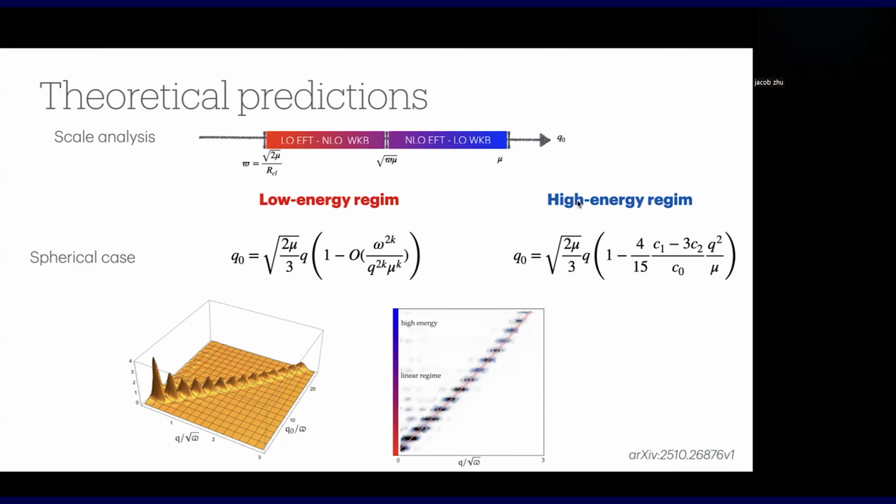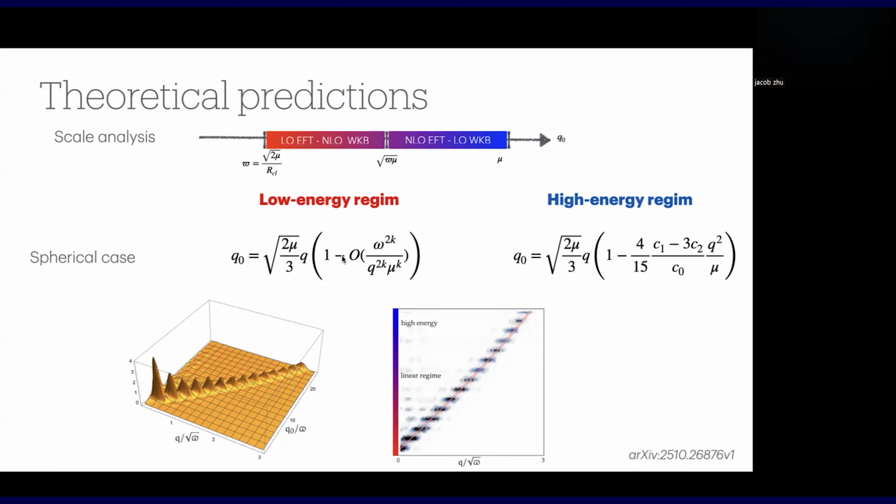In the high energy regime, we found that the combination here is always positive, and it does not depend on the potential. It only depends on the Wilsonian coefficients, the microscopic coefficients that you need to determine with the experiment. And from the known values, this combination with the minus sign in front is positive.